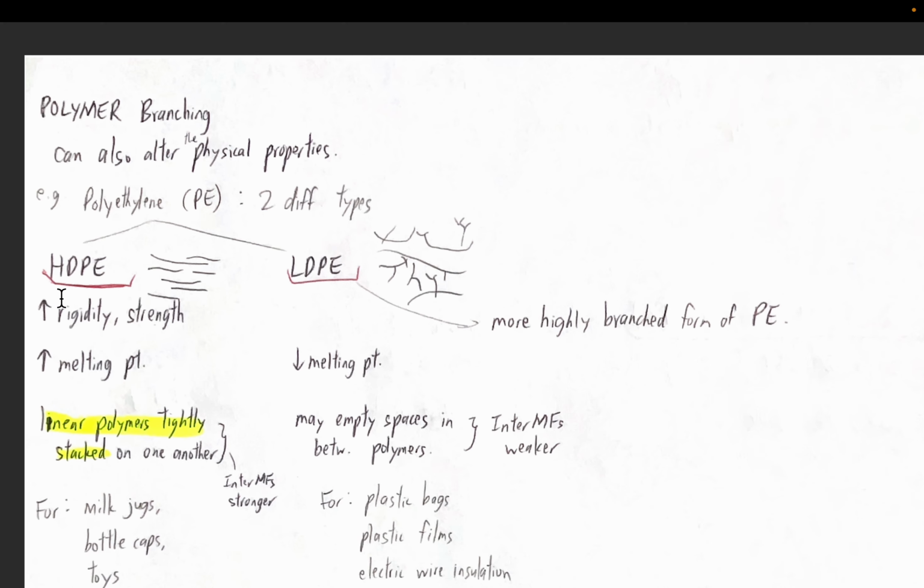So what's the difference? HDPE has high rigidity and strength, and it has a high melting point. Unlike LDPE, which is a more highly branched form of PE or polyethylene. Consequently, it has a lower melting point.